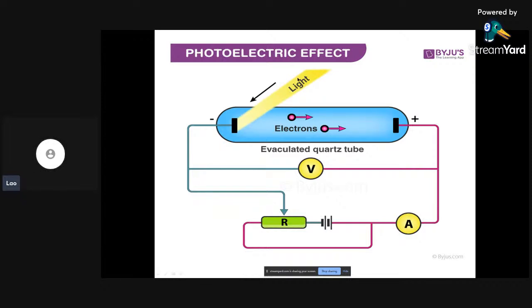Kung may enough na frequency ng light, magre-release siya ng electrons. Pag ito tumama dito, mag-eject siya out of the plate. So, magkakaroon ng current flow sa circuit. And then doon malalaman natin kung ano yung photocurrent.